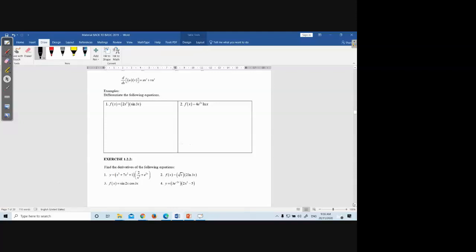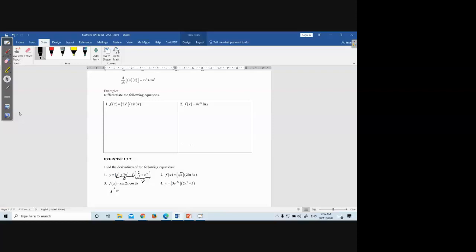Since there is a multiplication of two functions, because obviously we put a bracket, there are two brackets, so you see there is a multiplication of two functions. Let's say the first term is u and the second term is v.